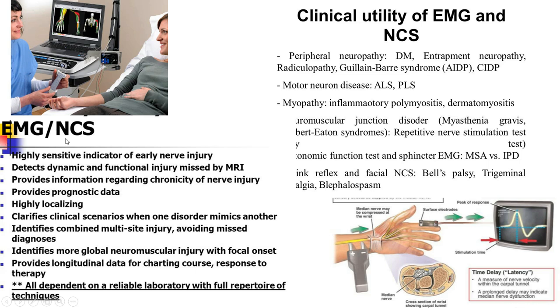EMG and NCS, or nerve conduction study, electromyography, can diagnose a group of diseases: peripheral neuropathy, diabetes mellitus, entrapment neuropathy, radiculopathy, Guillain-Barré syndrome or demyelinating disease, motor neuron disease, then inflammatory myositis, polymyositis, dermatomyositis, neuromuscular junction disorders like myasthenia gravis, and it also helps to study facial nerve palsy like Bell's palsy or trigeminal nerve palsy, or exclude blepharospasm.